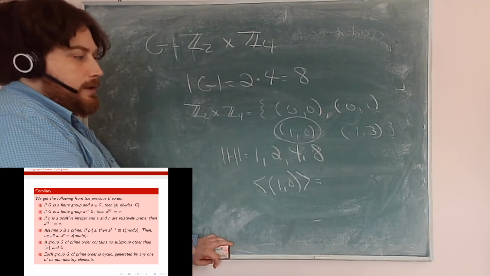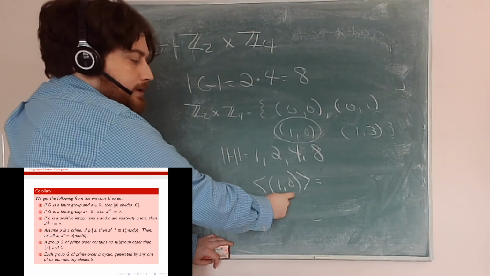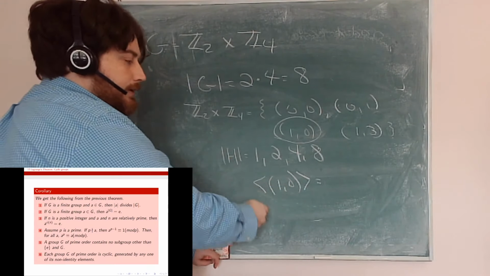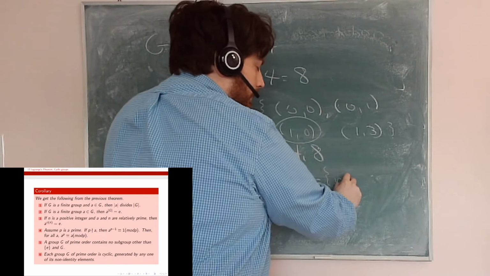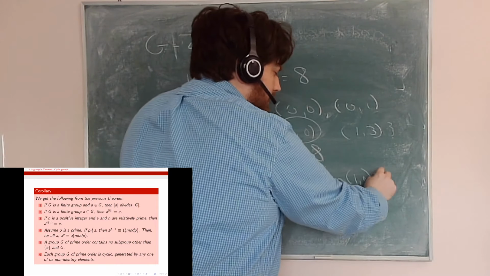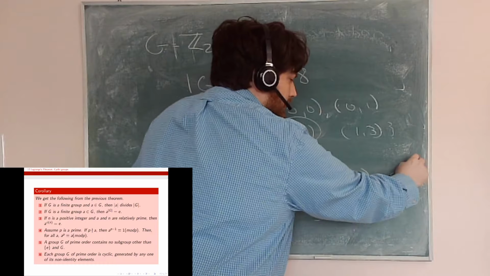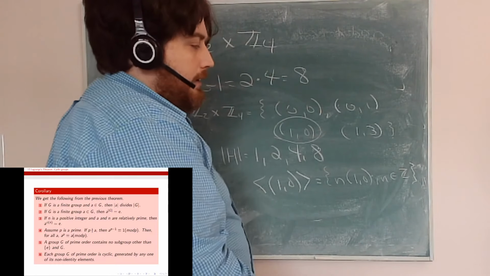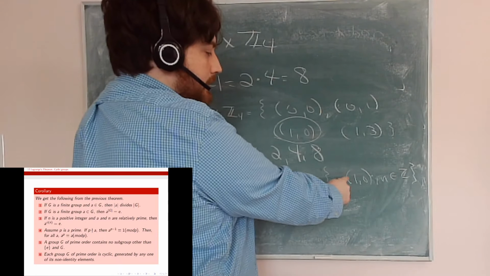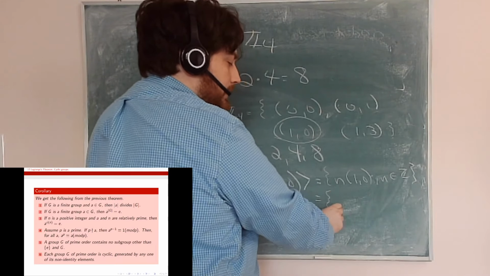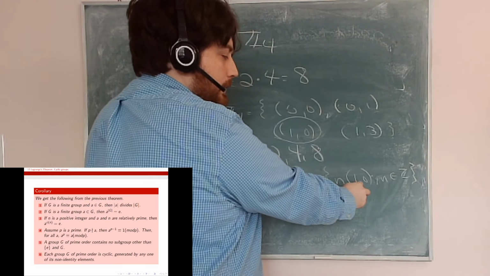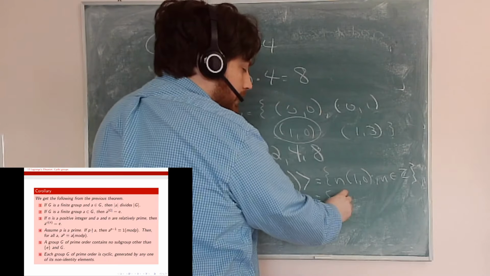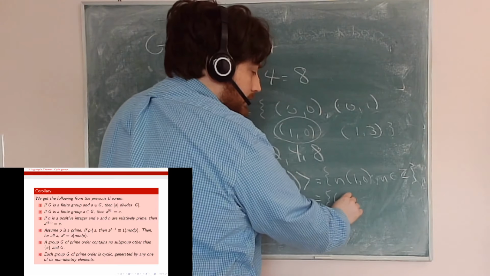And what we know is that any cyclic group is just going to be the multiples of this. So this is going to be the set of all n times (1,0), such that n is in Z. But I can't have an infinite number here because this is going to have some type of repetition. So if I actually find these, 1 times (1,0) is (1,0). 2 times (1,0) is (0,0).